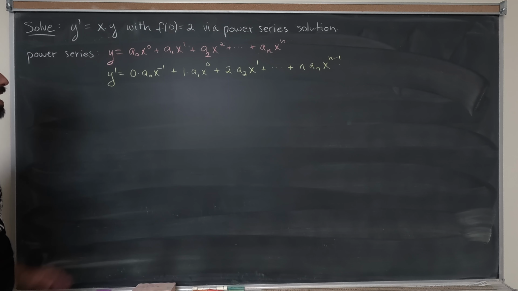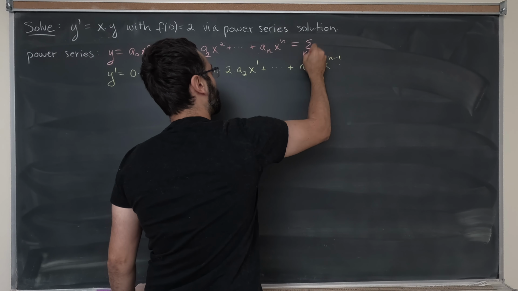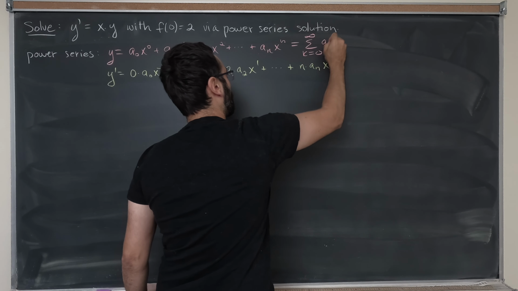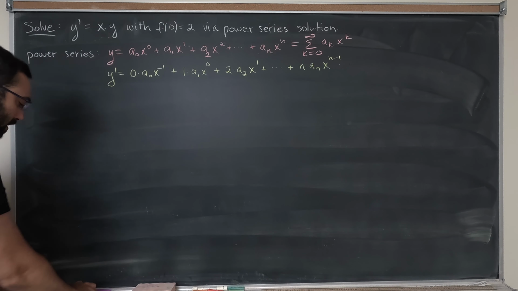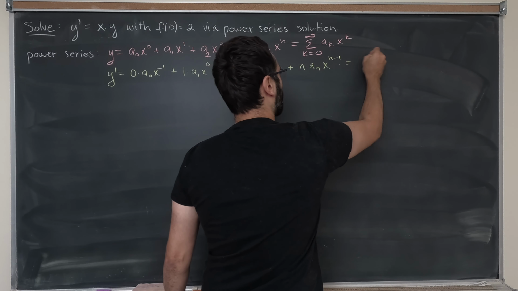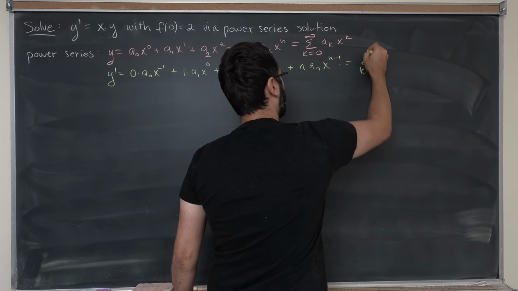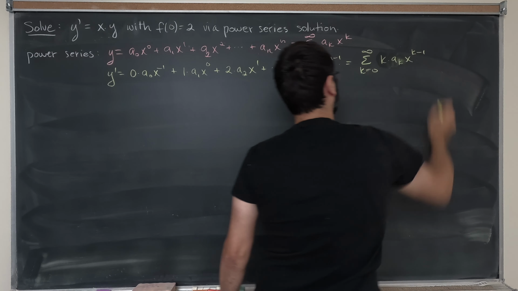And if we try to compactify these in summation notation, up here, we would have this. And for our derivative, we would have the following.